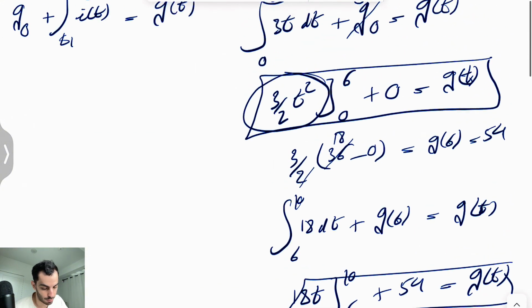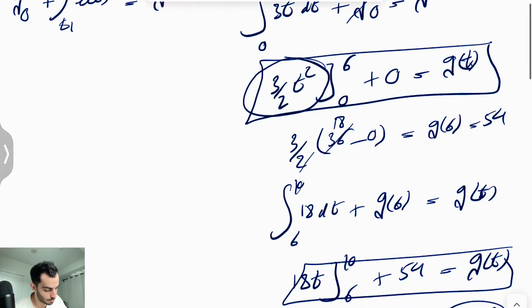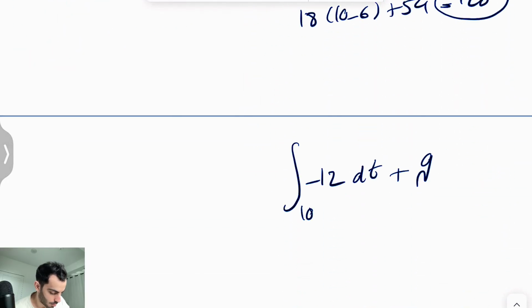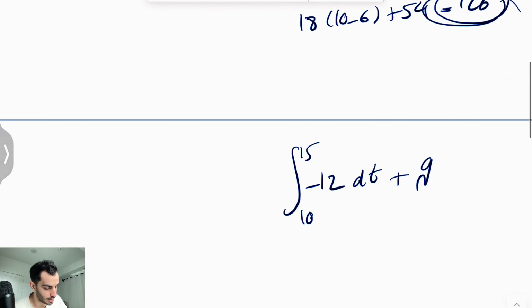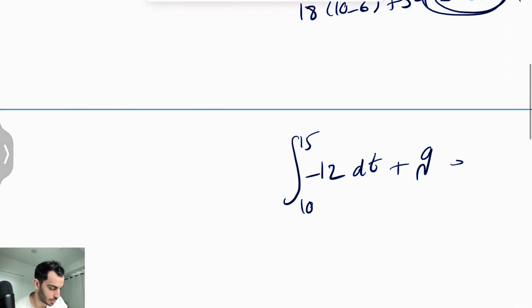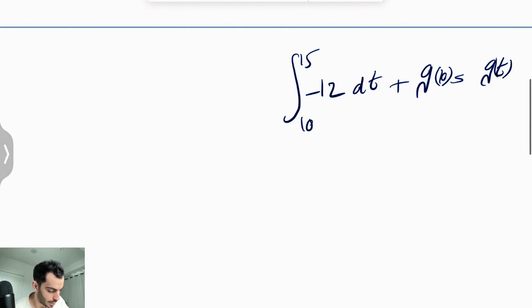Now we're going to move on to the third interval, where we have a negative 12 amp. We're going to have the integral of negative 12 amp dt plus q of 10, going from 10 to 15. We found the value for the 10 from the previous step. So minus 12t is going to be our graph, plus 126.